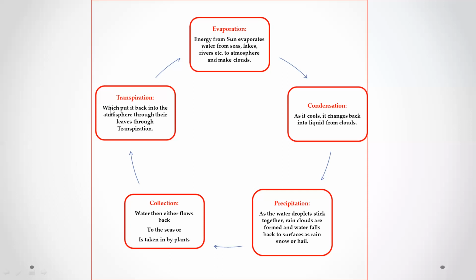Transpiration puts water back into the atmosphere through the leaves. And then transpiration eventually leads to evaporation. So this is the way the cycle goes on.